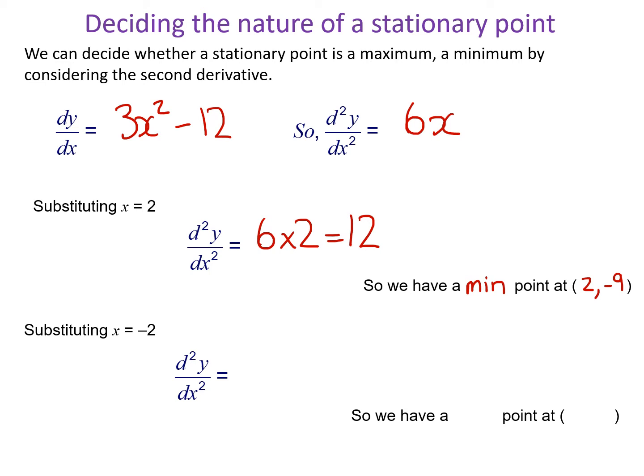And when x is negative 2, we'd have 6 times negative 2, which is minus 24. So your d2y/dx squared is negative, so that's a max at the point (-2, 23).